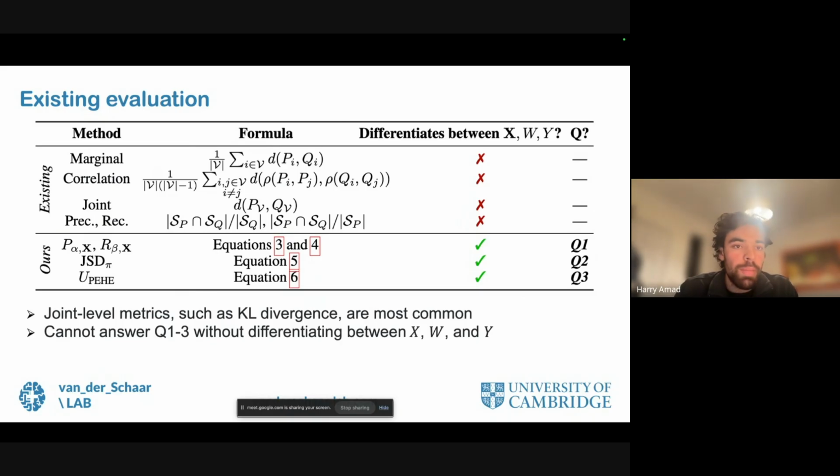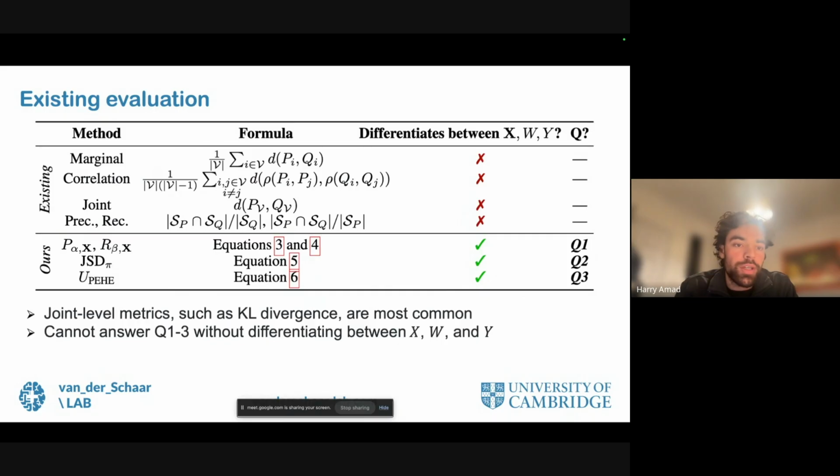For example, a marginal evaluation metric would be some metric which basically compares each marginal distribution of the synthetic data with the real data. So for each variable in the real data, it would compare the marginal of that variable in the synthetic data with the real data, with some divergence metric like KL divergence, or some other divergence metric like the Jensen-Shannon distance, for example.